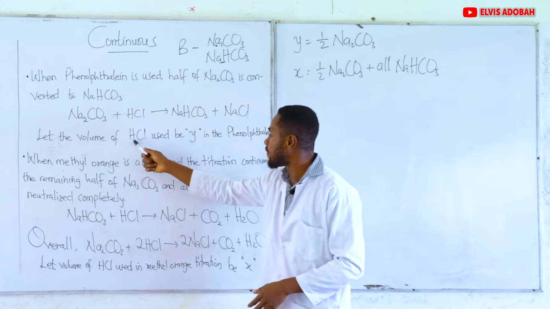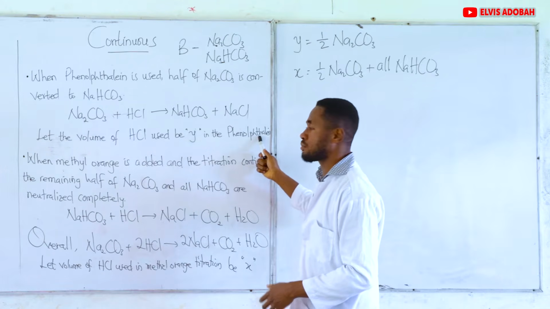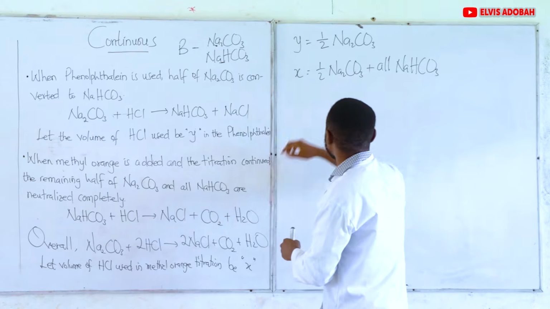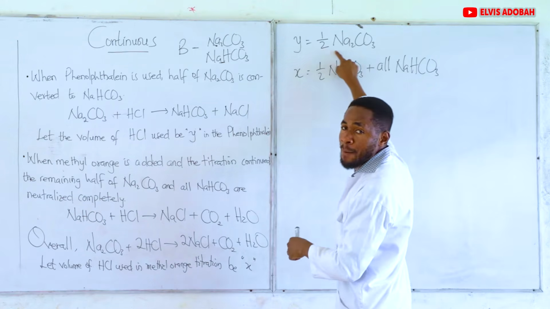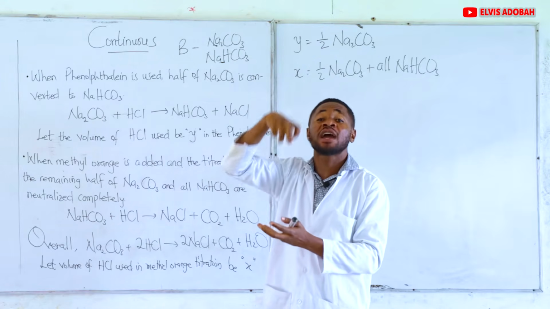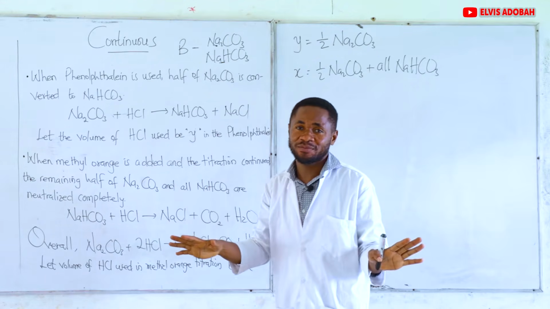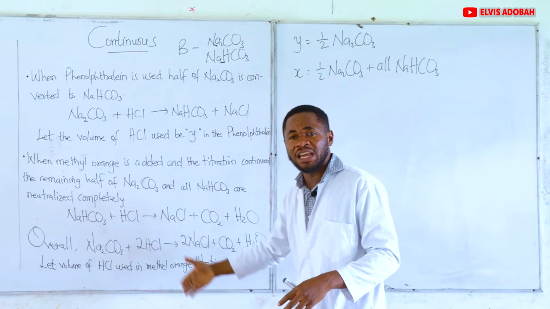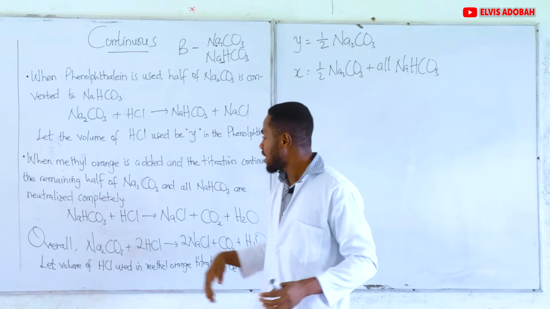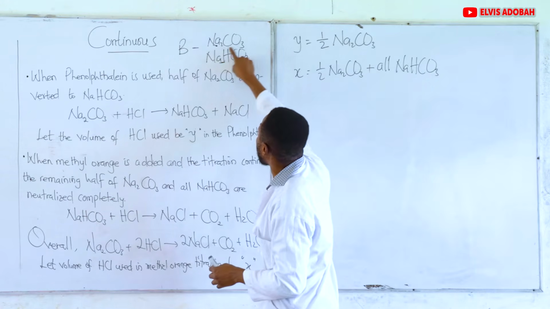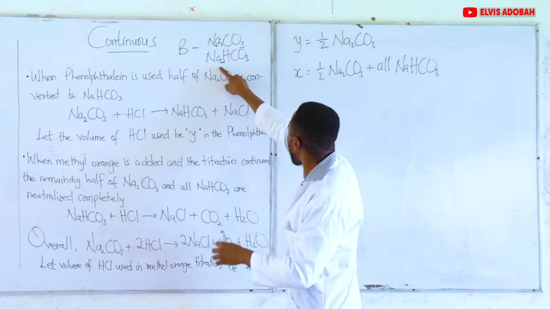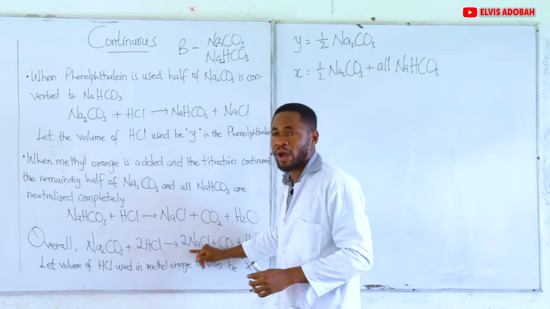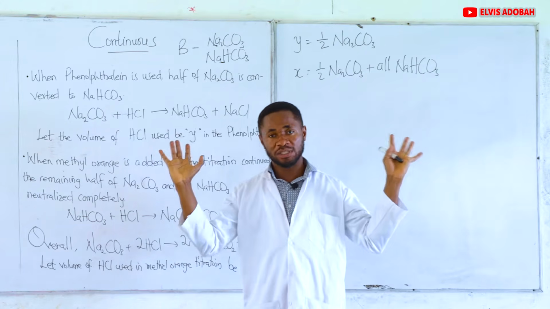So Y, as the volume of HCl used in the phenolphthalein titration, converted only what? Half of the sodium carbonate. Then the volume of HCl that was used in the methyl orange titration converted the remaining half of the sodium carbonate and all the sodium bicarbonate to sodium chloride, carbon dioxide, and water.